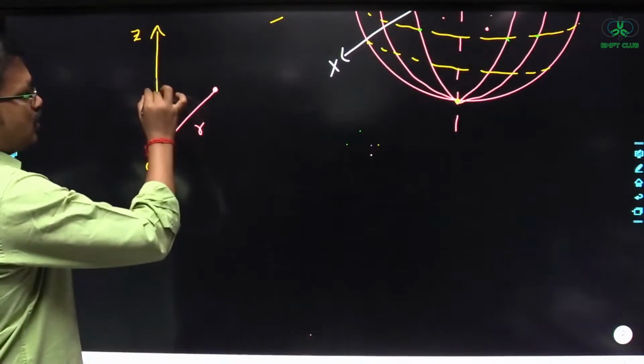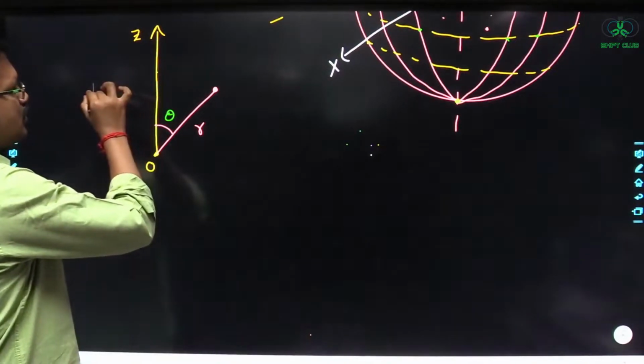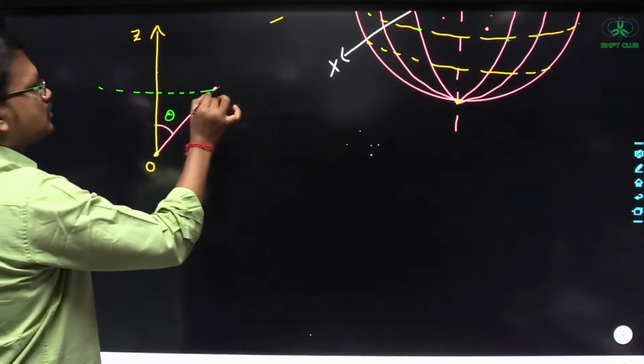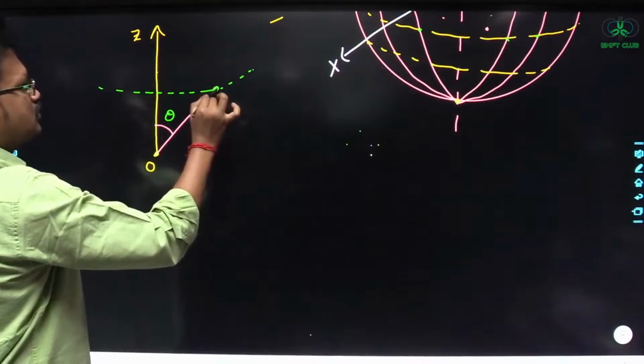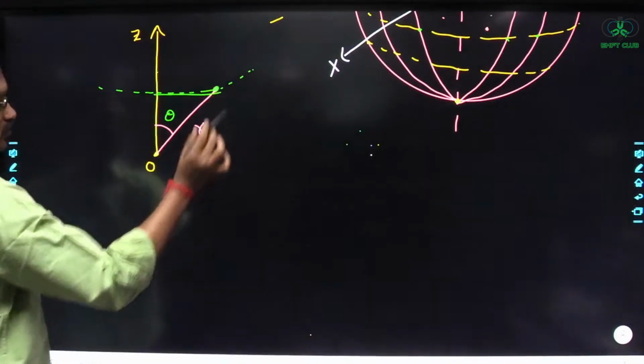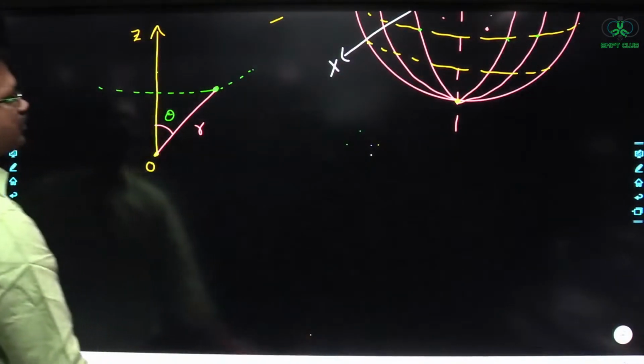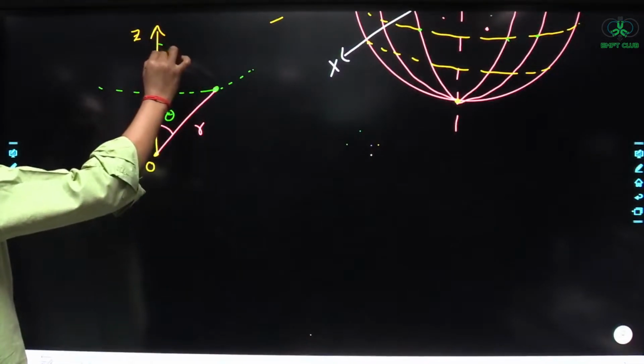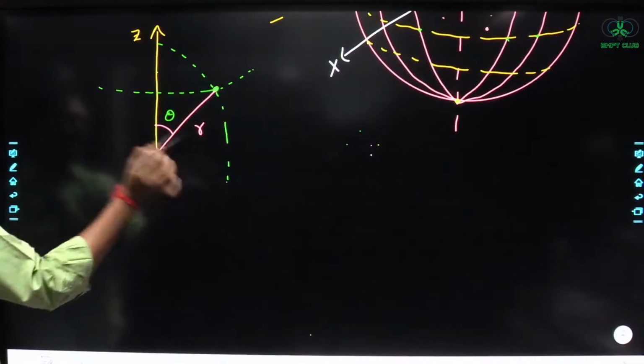The normal distance: here one horizontal circle is passing through this point, and one vertical circle is passing through this point like this, let us assume.